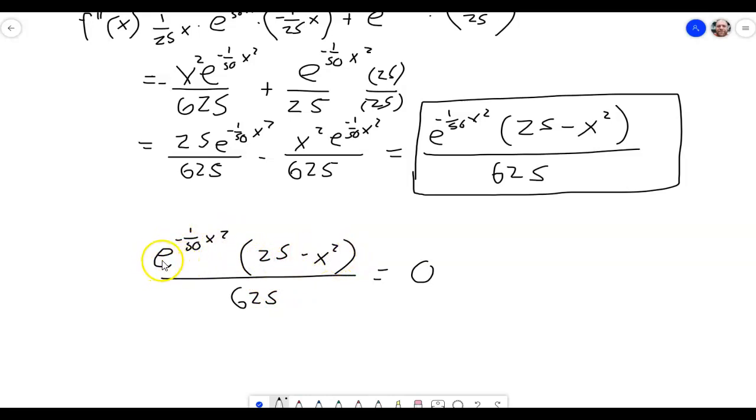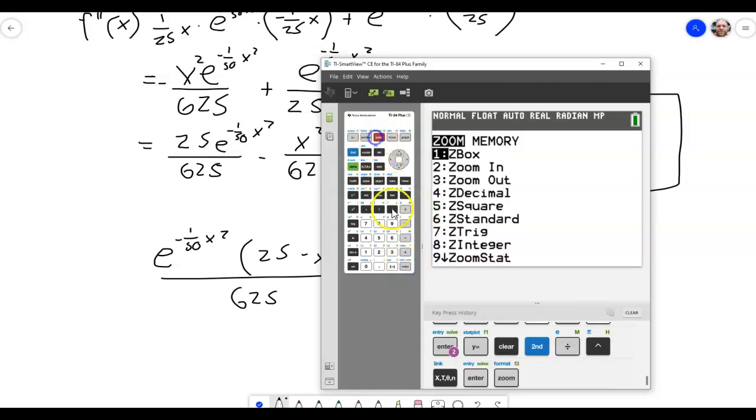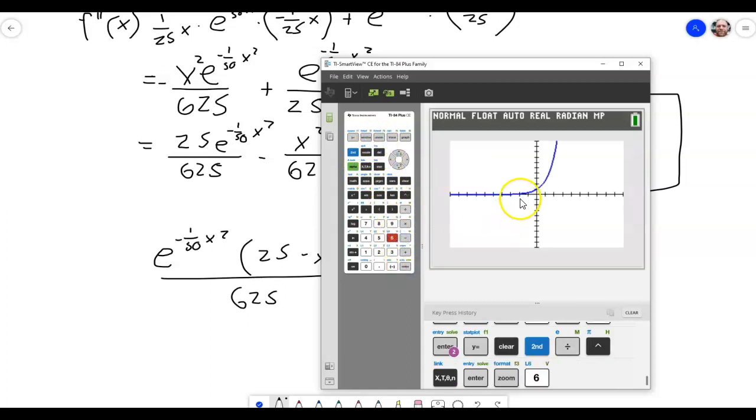Now, remember that, let's take a look at the e function in our calculator real quick. So if I just go here and I just do e raised to the x, and let's do a standard zoom here.